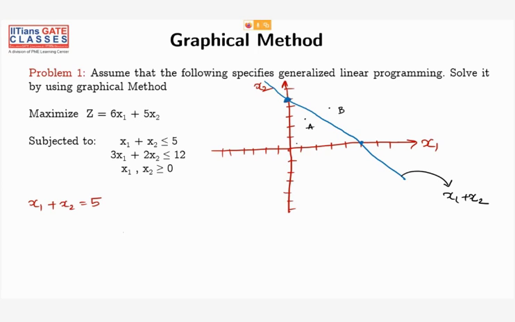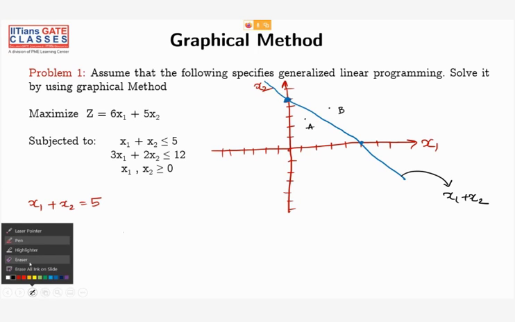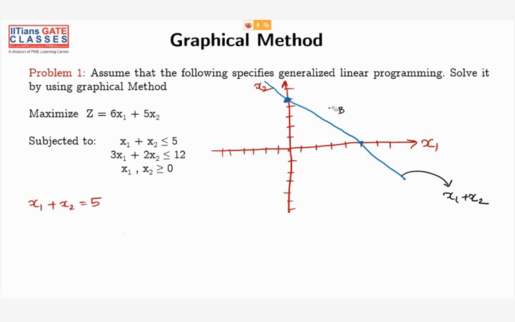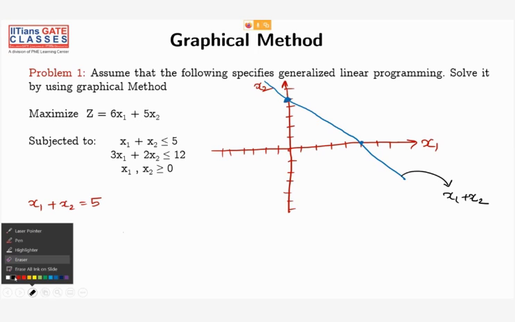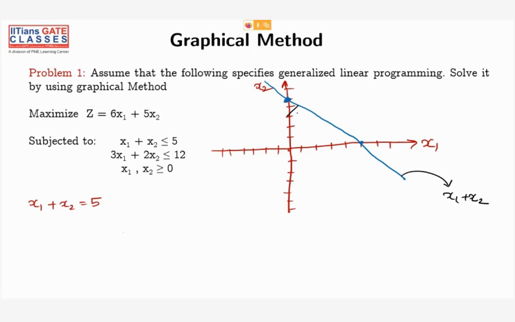What you do is substitute the origin into this equation. If it comes out true, then you shade towards the origin, since all the values below this line satisfy the equation. Substituting 0, 0, obviously this is true, so I can shade; all the values within the region that I am shading will be true.